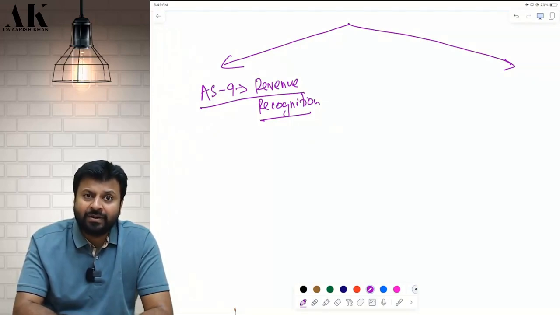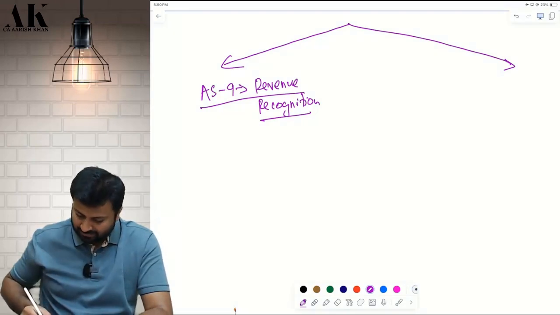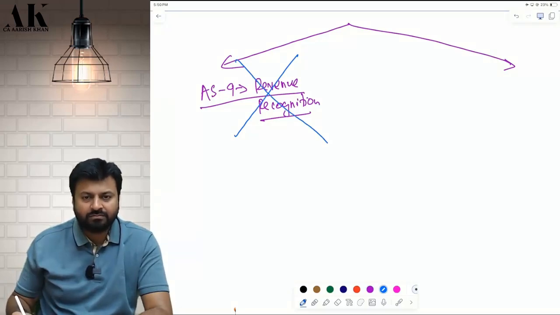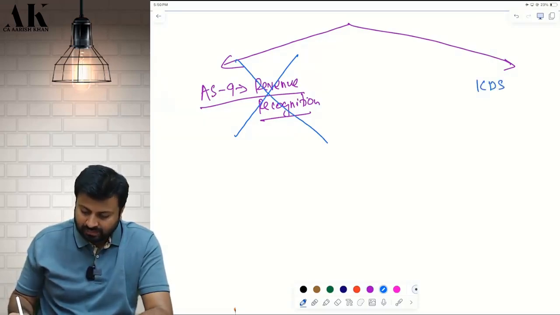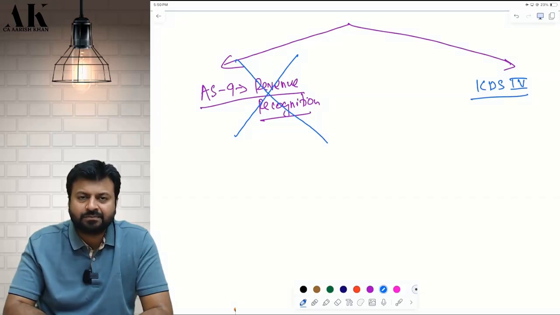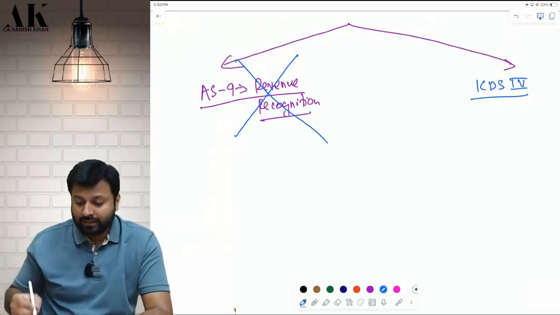And if it doesn't come in the P&L, it will not be liable for tax. Yes or no? Say now, please. So the income tax has said that we will not follow revenue recognition anymore. And income tax has brought its own revenue recognition, ICDS. See here, please. Income tax has brought what? Its own revenue recognition, ICDS.